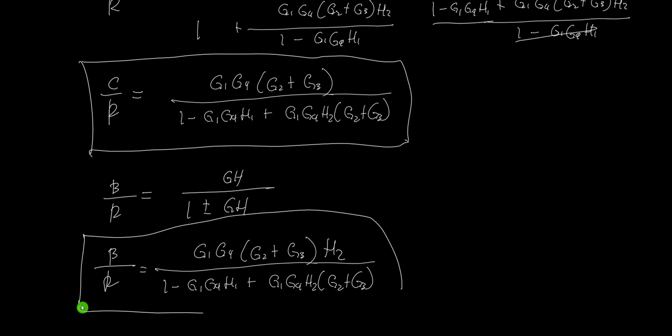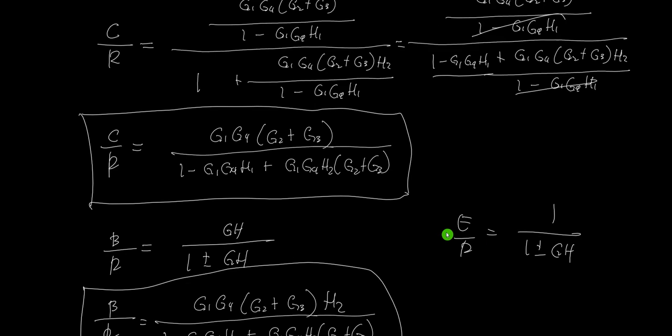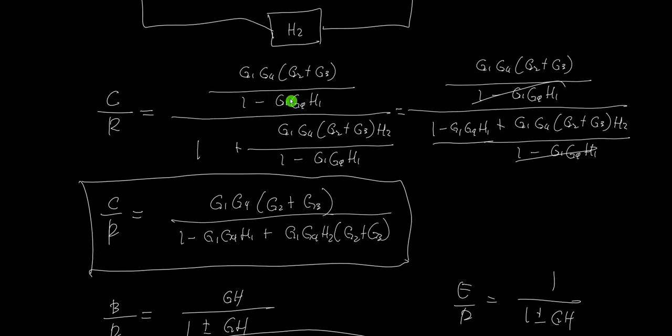So it will be the feedback ratio. Then for the error ratio, remember E over R, it's a different formula. This is 1 over 1 plus or minus G times H. So if you want to solve for that, you just need to remove this one and retain this, or simply you inverse this to here.